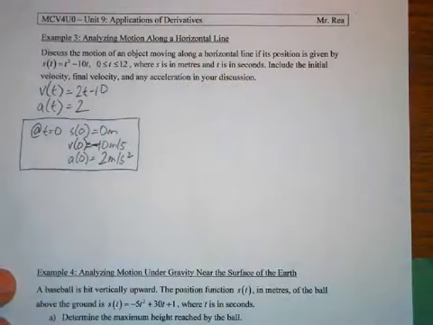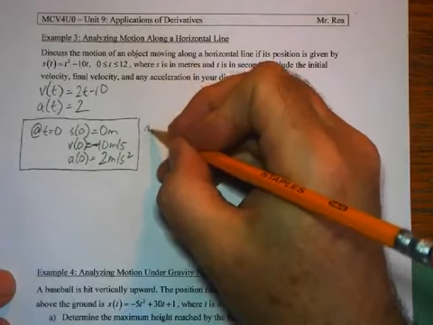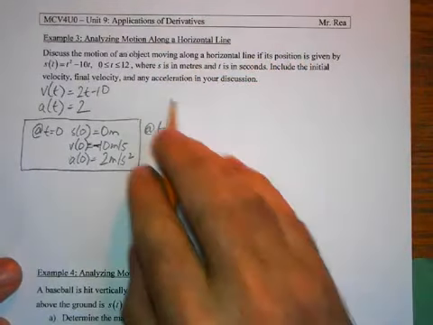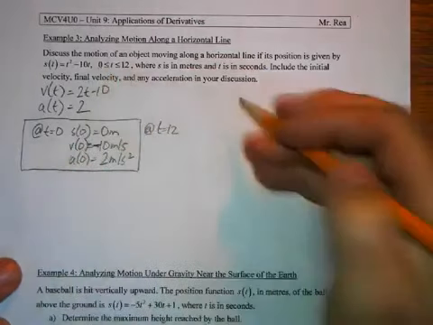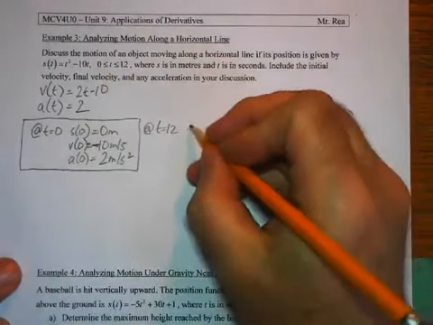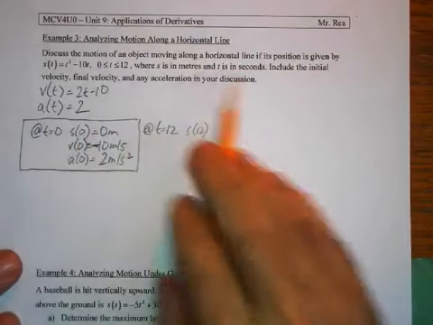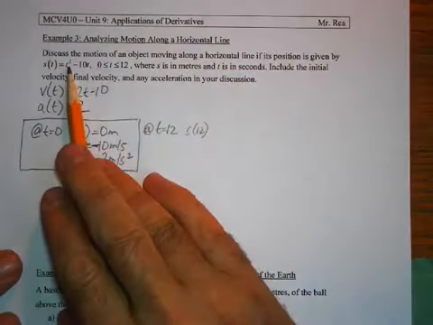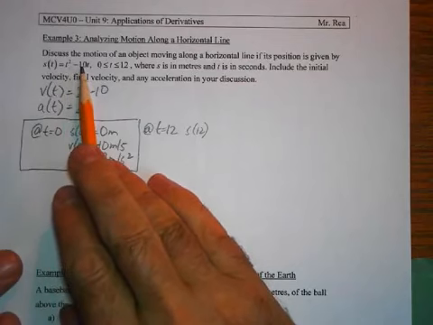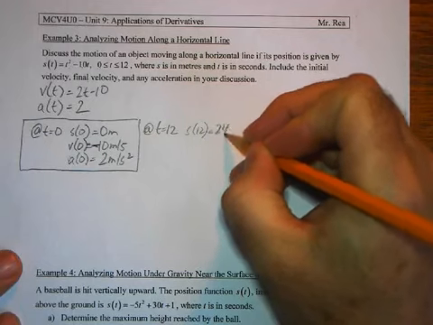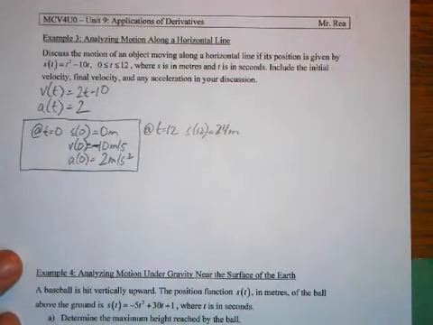Okay. Now, if we go right beside here, if we do t equals 12, this will be the final, like at the end of the study, at 12 seconds. So the position s of 12, if I plug that in, I'm going to get 144 minus 120, so that's 24 meters. And that means it's to the right, okay?